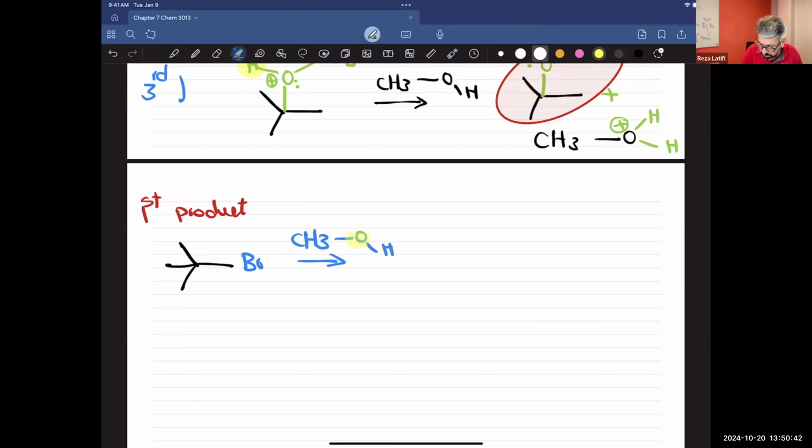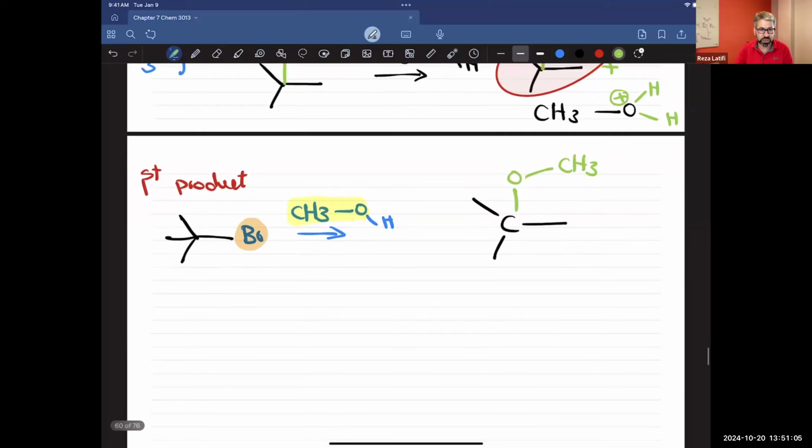This group replaced the bromide. The bromide got kicked out. And now we got this molecule. So this is going to be a nucleophilic substitution. And clearly I replaced the bromide with a methoxide group. And this, I'm going to highlight it.